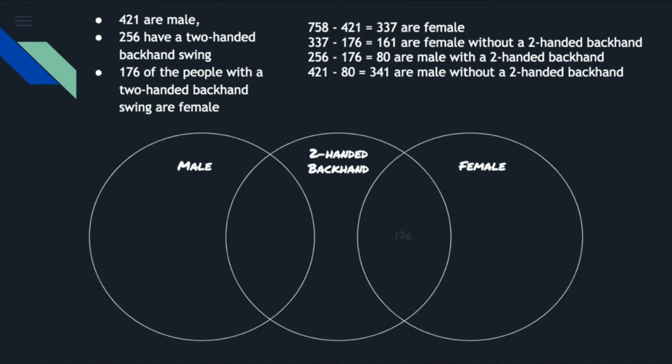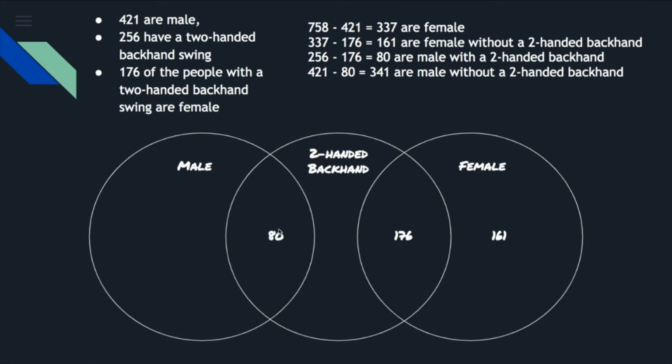And so 337 minus 176 gives us 161 females without a two-handed backhand swing. We know 176 are female with a two-handed backhand swing, so that's the intersection there. The 161 goes there. The 80 that are male with a two-handed backhand swing goes in this section right here.